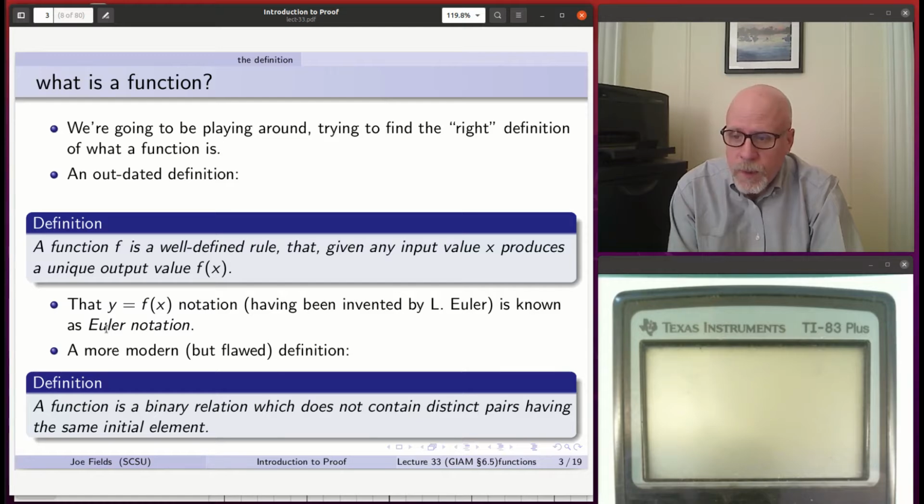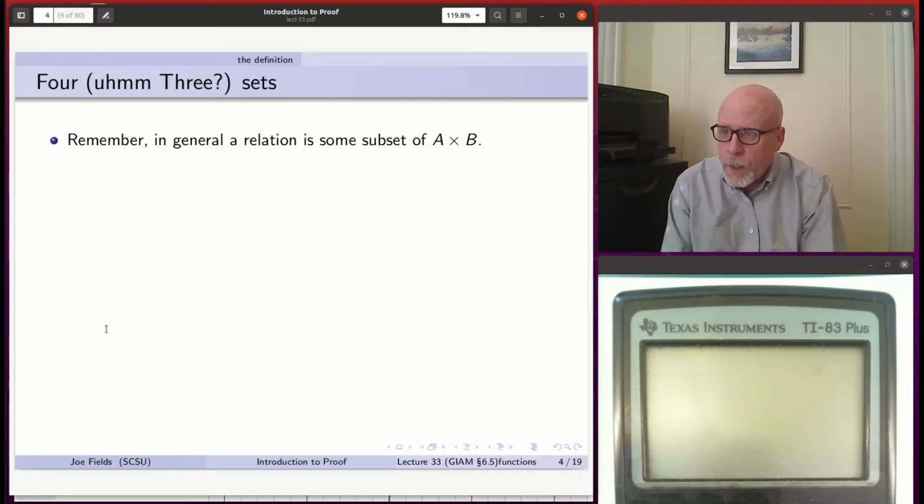Okay, so a function is a binary relation which does not contain distinct pairs having the same initial element. That gets at that uniqueness concept, right? If you did have two distinct pairs having the same initial element, that would be saying the same x went to two different y's. So not so cool.